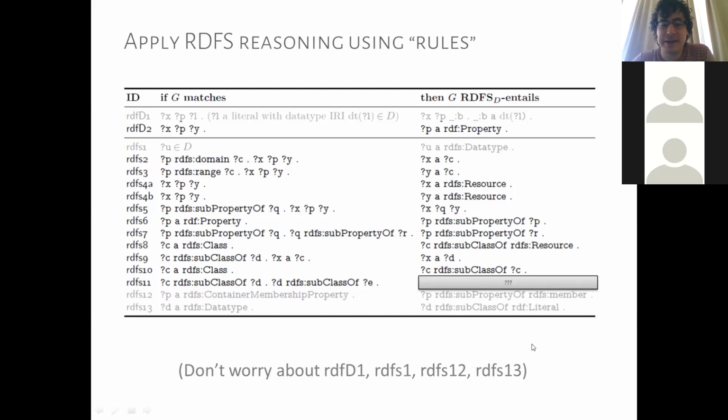We would expect that C is a subclass of E. So for example, if we had capital city subclass of city, city subclass of place, then capital city subclass of place. So subclass of and subproperty of are both transitive relations. We can apply these rules over and over to a graph until we don't find anything new.